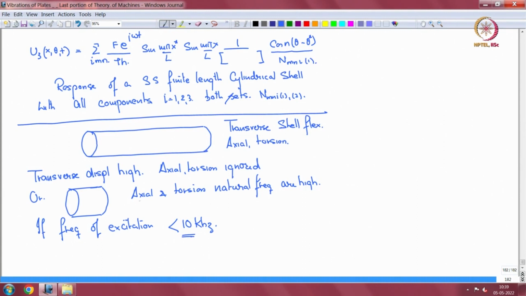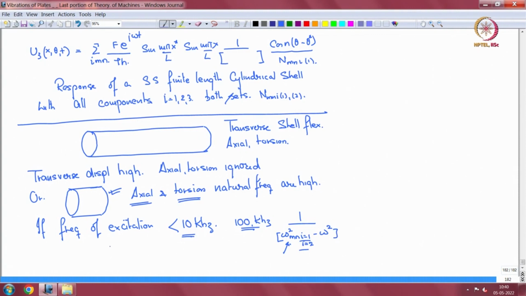Now these axial and torsional resonances lie in the hundreds of kilohertz, for stubby shells. So what happens is these terms, where you have omega mn for I equal to 1 and I equal to 2, that means axial and torsion, minus omega square, because these are so high, the terms for this particular I are small.